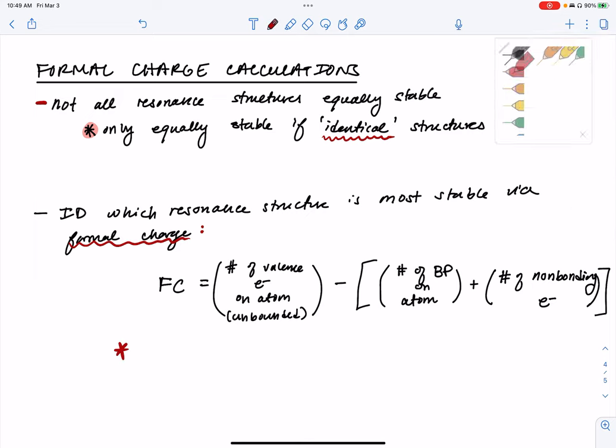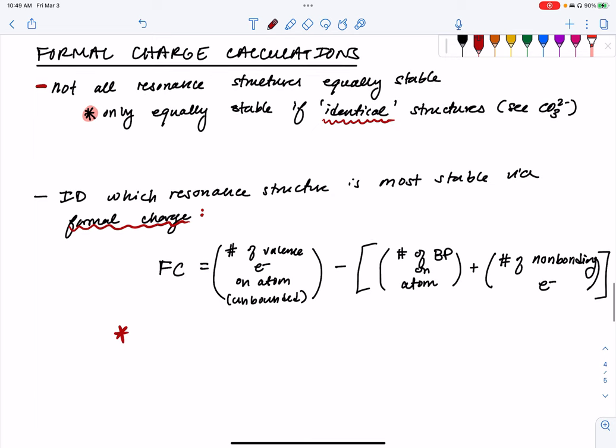Now, the requirements for stability, like how can I use this calculation to tell me if a resonance structure is stable? If formal charge is equal to 0 on each atom in a neutral molecule or compound, then we are stable.